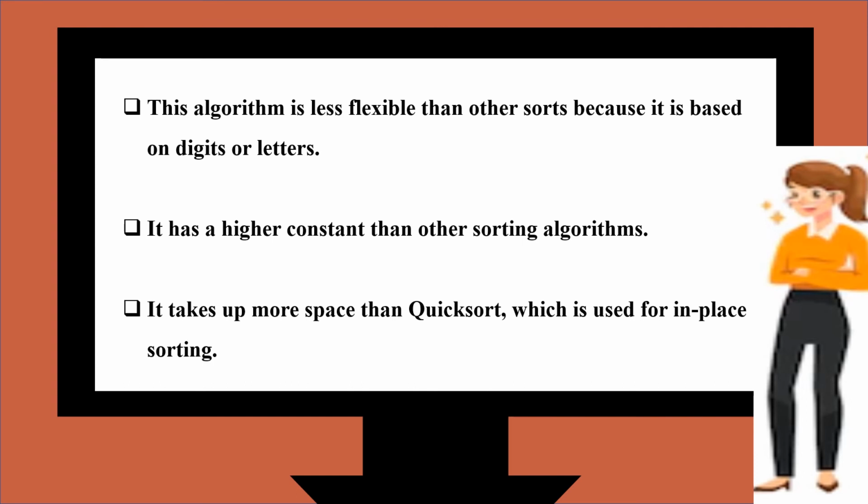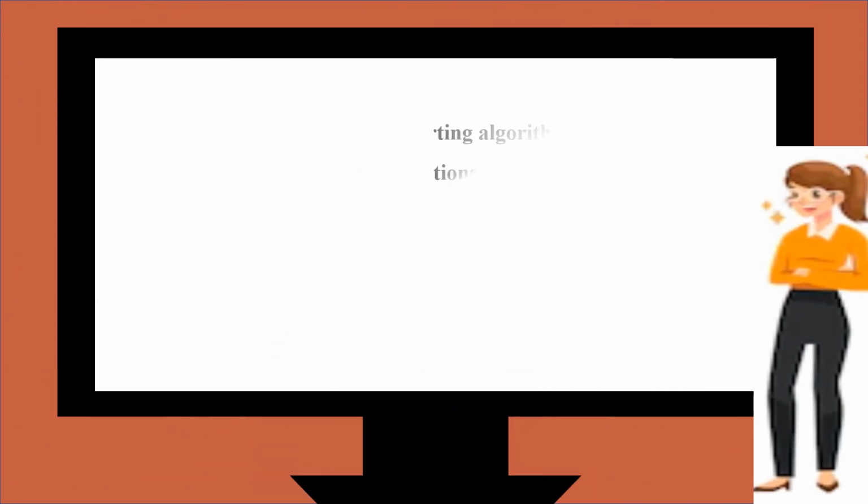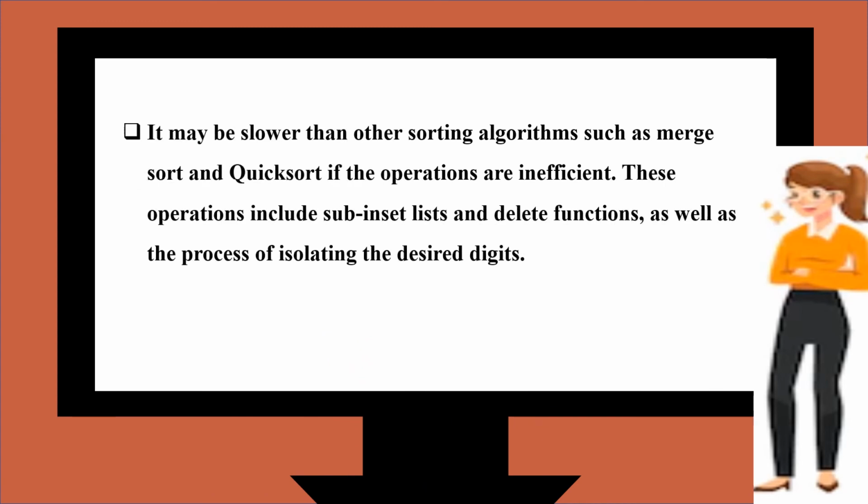The next is that it takes up more space than quicksort, which is used for in-place sorting. And the fourth is that it may be slower than other sorting algorithms such as merge sort and quicksort if the operations are inefficient. These operations include insert and delete functions as well as the process of isolating the desired digit.